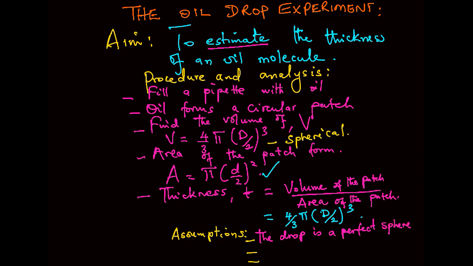We also assume that the patch formed is a perfect circle. And besides this, we also make an assumption that the height or the thickness of the patch formed is a monolayer. By monolayer, we mean that the patch is one molecule thick.